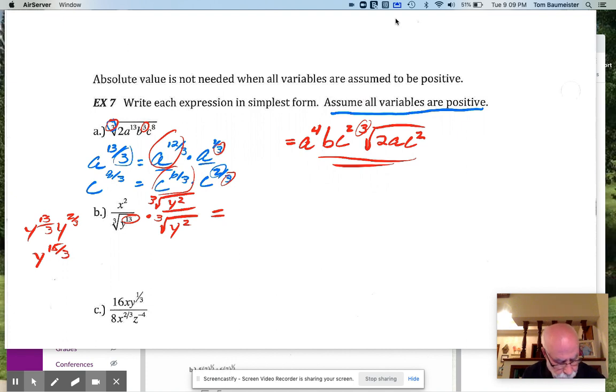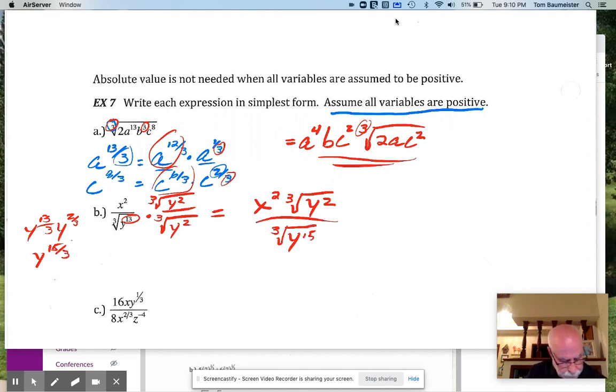Well, let's go ahead and write what you have there, and then we'll simplify it. So you have x squared. You have 3, the third root of y squared on the top. And on the bottom, what we just talked about, you have the cubed root of y raised to the 15th power.